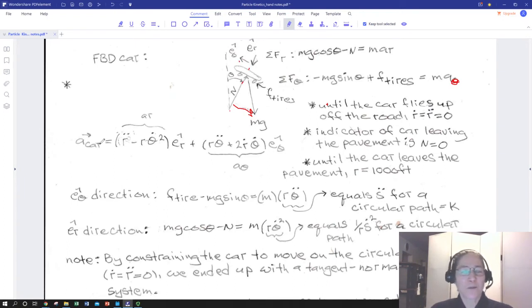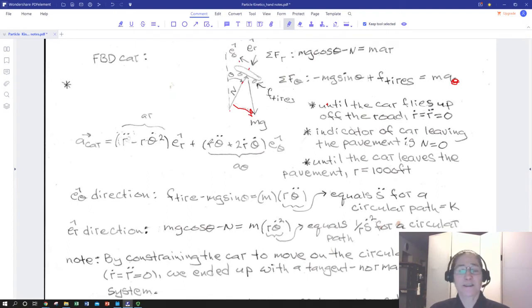So I'm going to use polar coordinates to write an expression for the total acceleration for my car. That'll help me identify the components that I'm going to equate to a sub r and a sub theta. Recalling my expressions for polar coordinate acceleration, I've got r double dot, the second time derivative of the radius, minus r theta dot squared in the radial direction, plus r theta double dot.